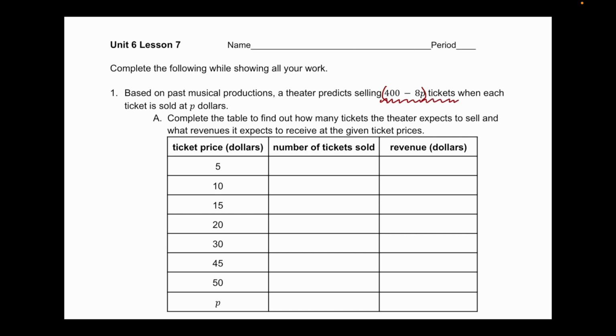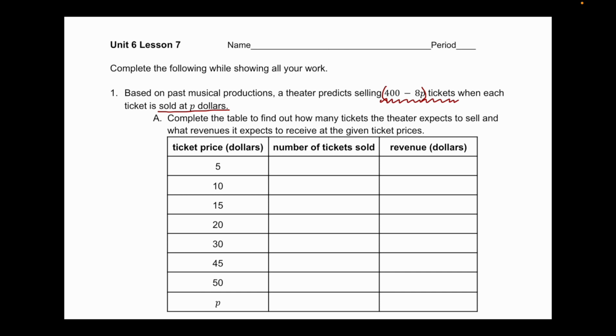That's how many they expect to sell when each ticket is sold at p dollars. So p is the price, and that price affects how many tickets they'll sell. Generally, people will buy more tickets if they're cheap and fewer tickets if they're more expensive. That's the relationship they've come up with.